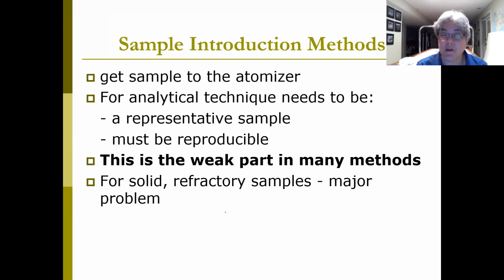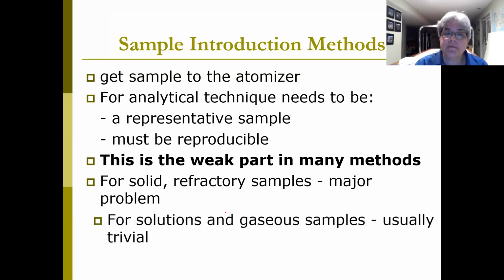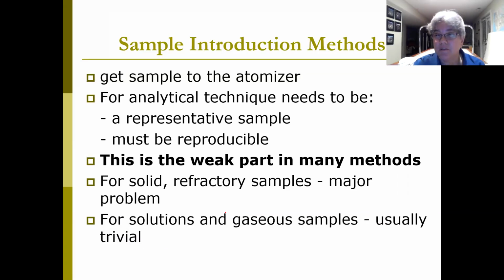This can be very difficult. However, if you can get your sample into a solution, or if your sample is a gas, then the introduction is extremely easy. And most AA is done on liquids.